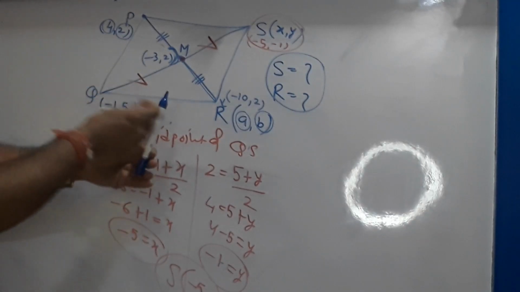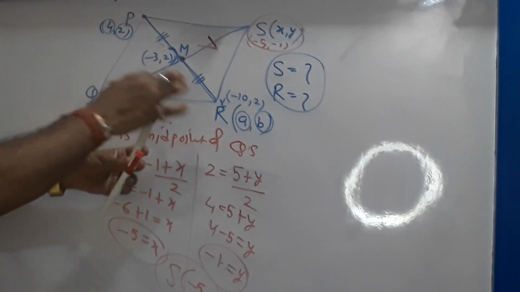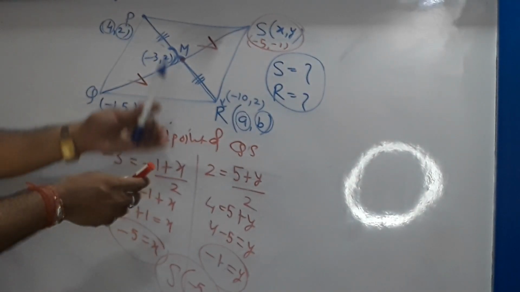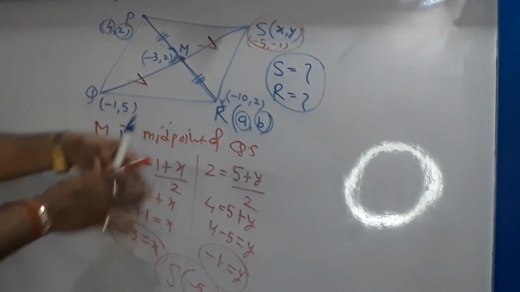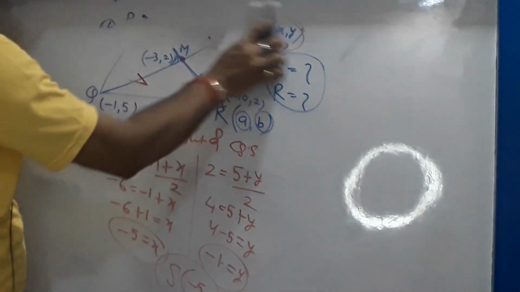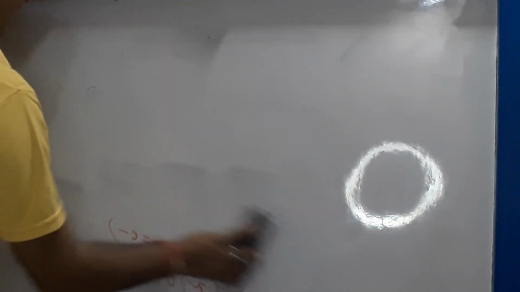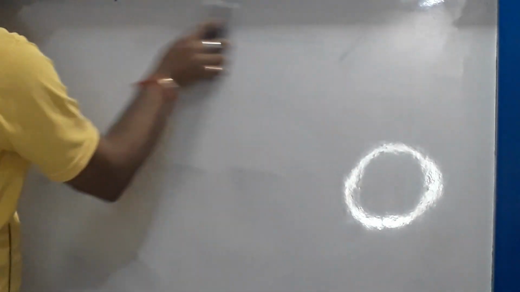When this horizontal diagonal bisects this, this much is equal to this much, which means it is the midpoint for this. When this diagonal bisects this, that means this point is the midpoint of these 2 points. So the important result: diagonals of a parallelogram bisect each other.